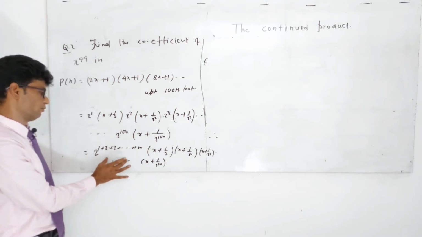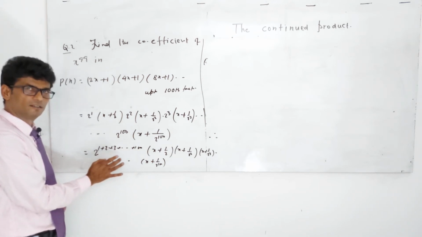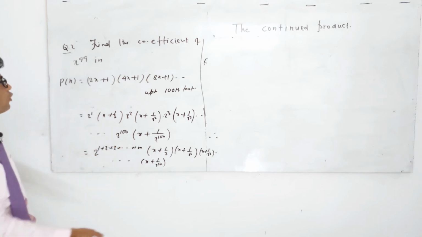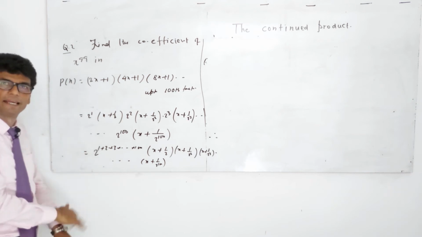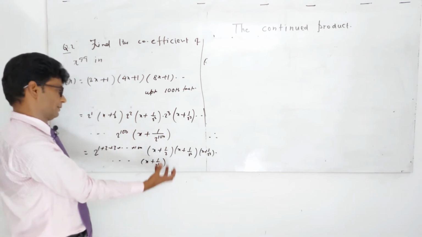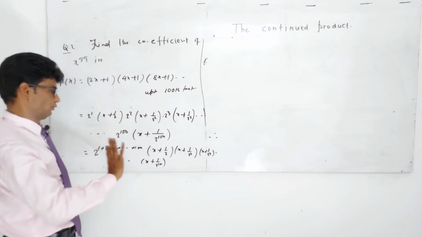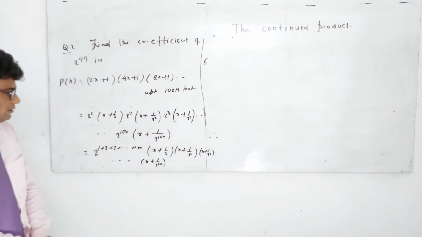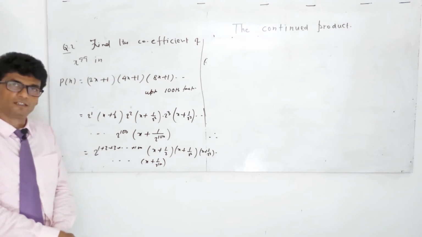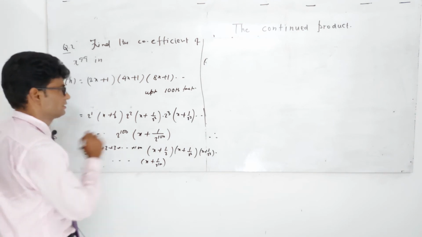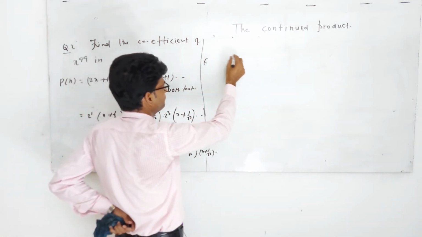So that is common for every one of the terms. But we are interested in the coefficient of x to the power of 99. And therefore, we have to multiply, but the prime criteria is fulfilled. In every one of the factors, look here, the coefficient of x comes out to be unity. So carry this factor along.